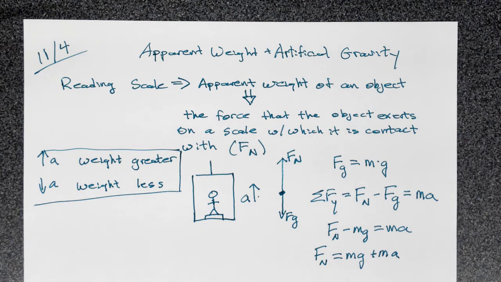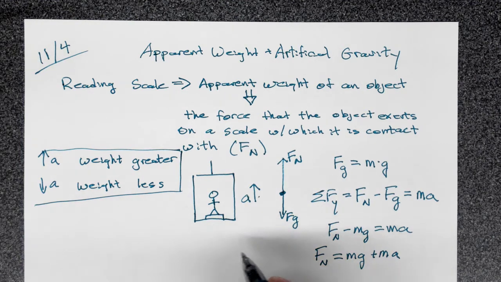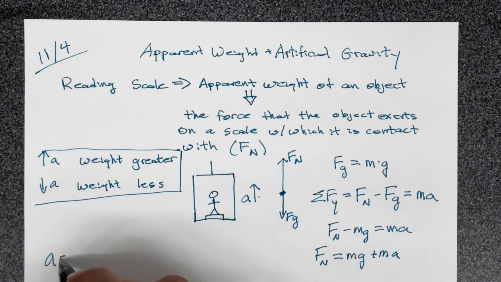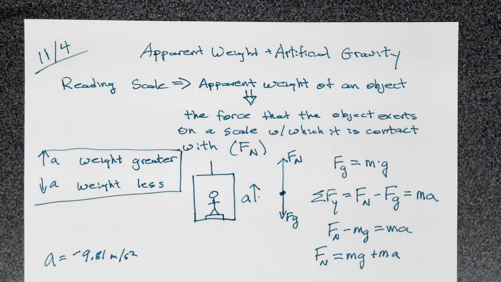All right. And then for a specific example, if your acceleration is equal to negative 9.8 meters per second squared, you'll see that in this case your acceleration will cancel out with your acceleration due to gravity.